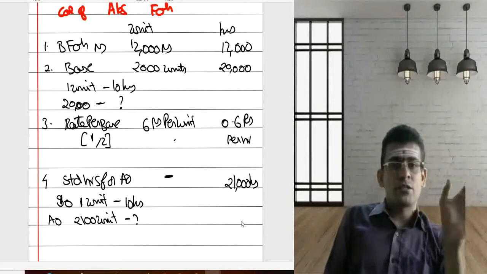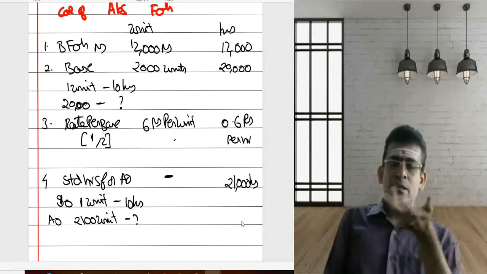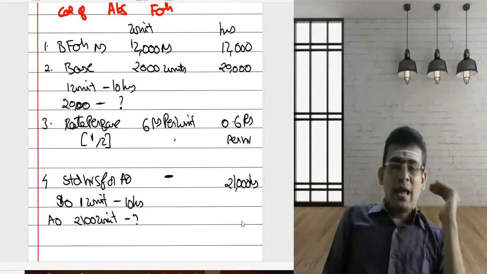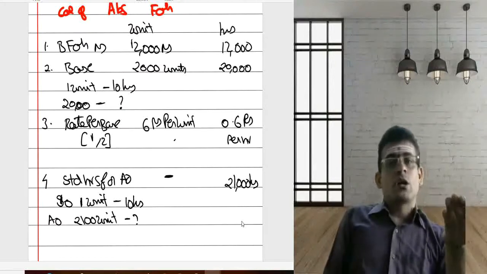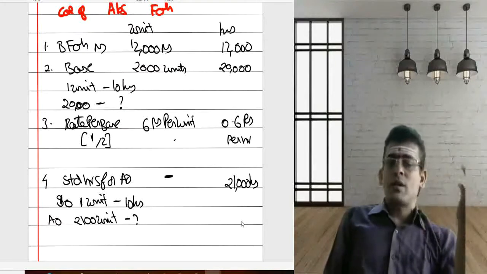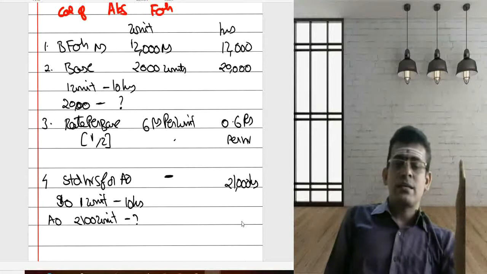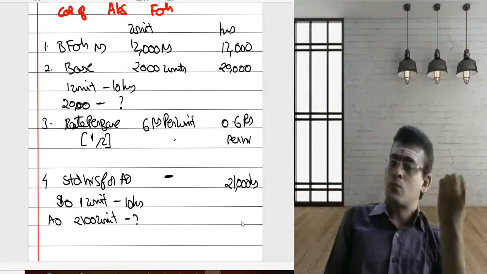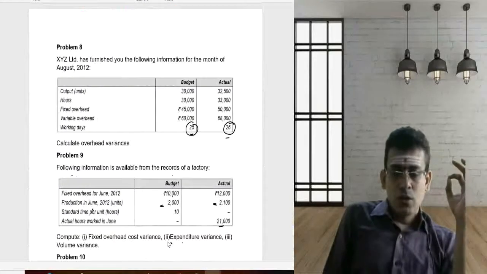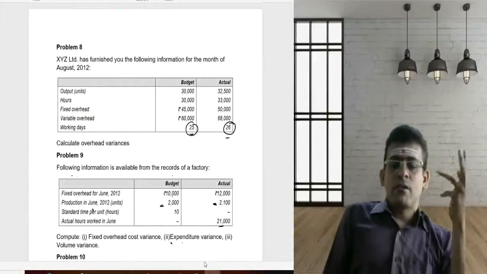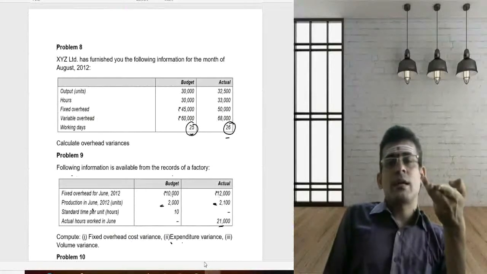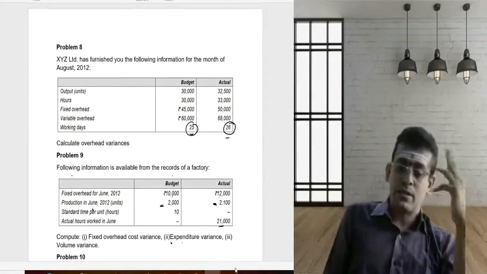That means your efficiency is 100%. So ultimately there is no variance. Your allotted time is 21, you are doing the task in 21. So I cannot say there is any variance in terms of your efficiency. That is the reason the problem is not asking me to calculate efficiency variance.